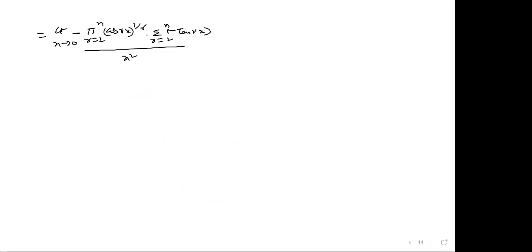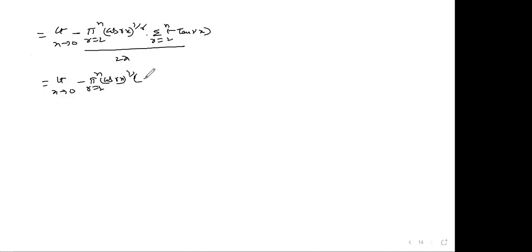Yes, I'm done. This can be written as limit x tends to 0 of minus product, r equal to 1 to n, of cos rx whole to the power of 1 by r. I'm not going to touch this. Moment I differentiated here by L'Hopital rule, in the denominator I may get 2x, not x squared.